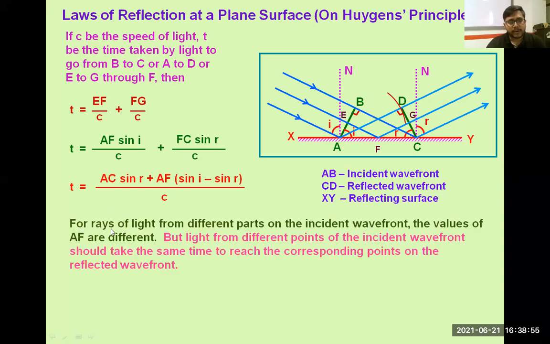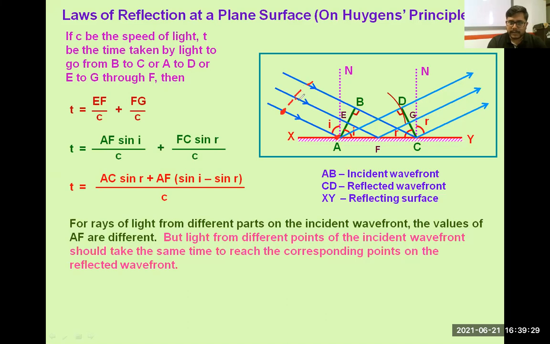That is, for rays of light from different parts of the incident wavefront, the values of AF are different, but light from a point of the incident wavefront takes the same time to reach the corresponding point on the reflected wavefront. It means that this source of light travels this much time.